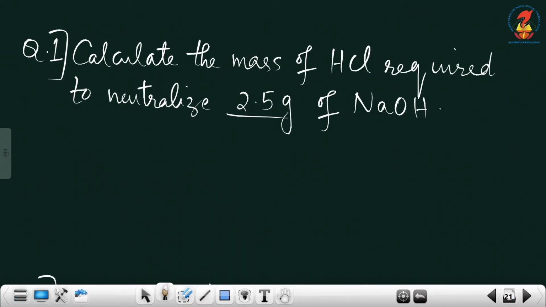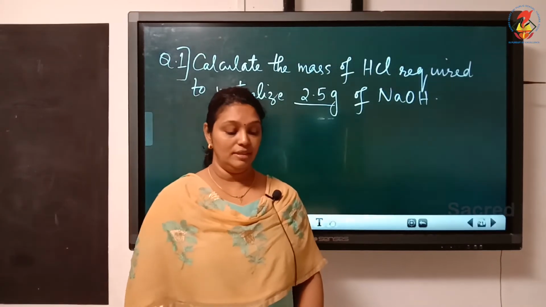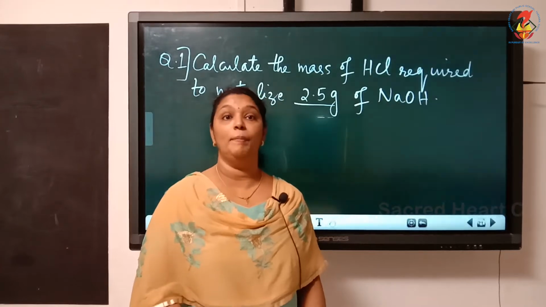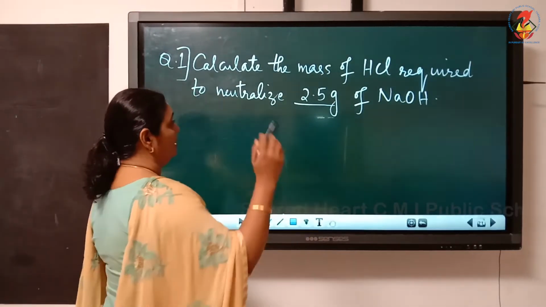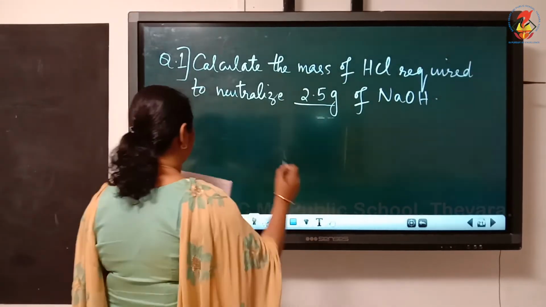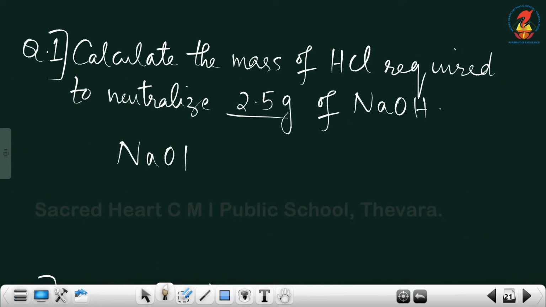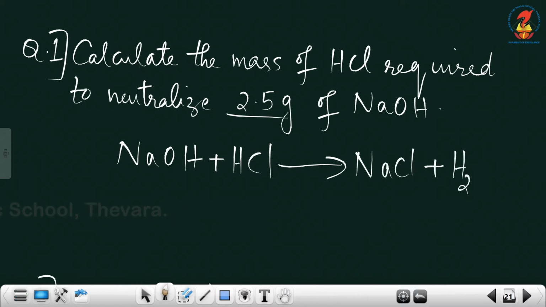In any stoichiometric calculation, first we have to write the balanced chemical equation. Here the reaction is between hydrochloric acid and sodium hydroxide. I'm going to write the balanced equation: NaOH plus HCl. You know that acid and base react to form salt and water, so NaCl plus H2O.